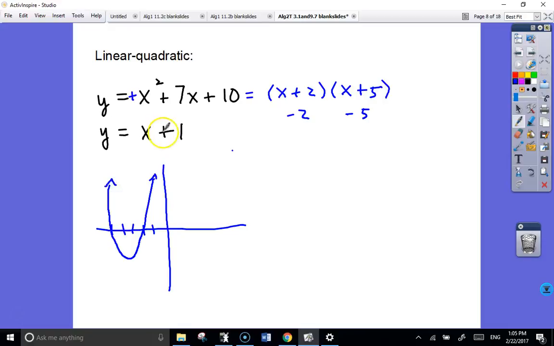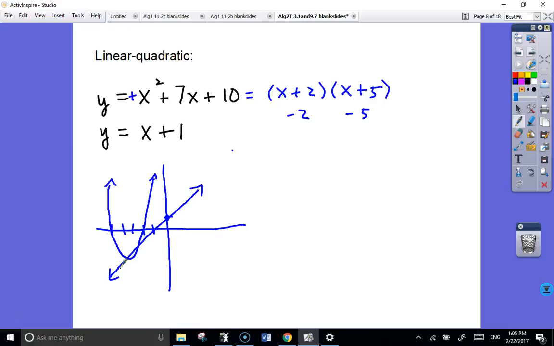Right? Now, y equals x plus 1, that's linear. So that's going to have a graph, which is y-intercept of 1. The slope is 1, so it would be something like that.